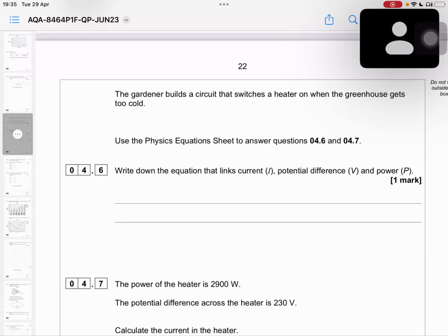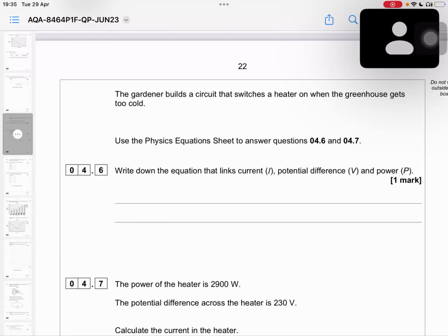So based on what I just said, let me send you something in the chat. It says P equals I times V. Okay. Yeah, let me space it out, so it looks like a multiplication thingy.